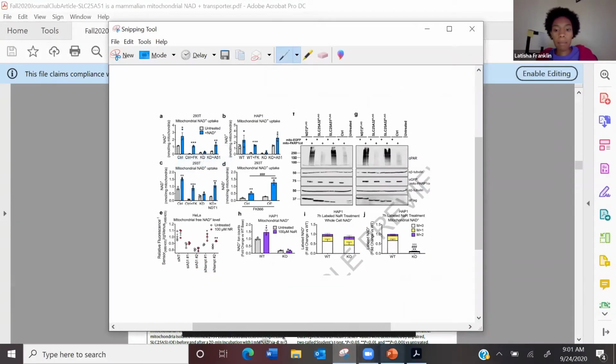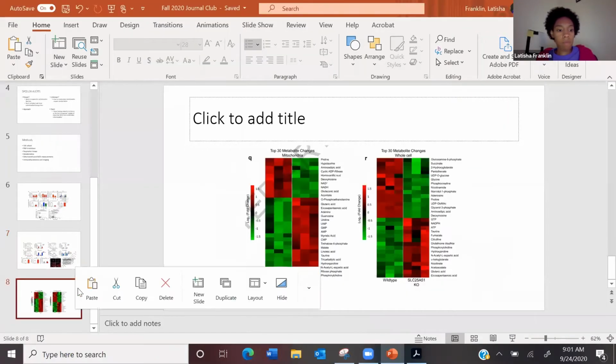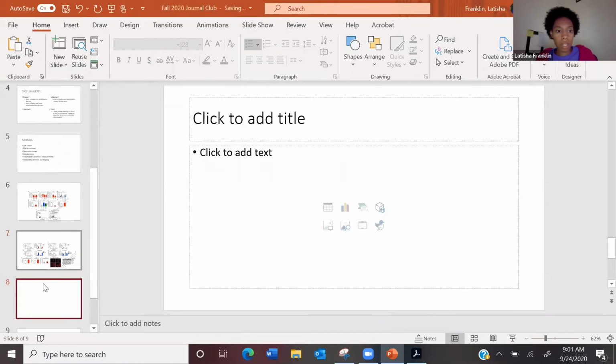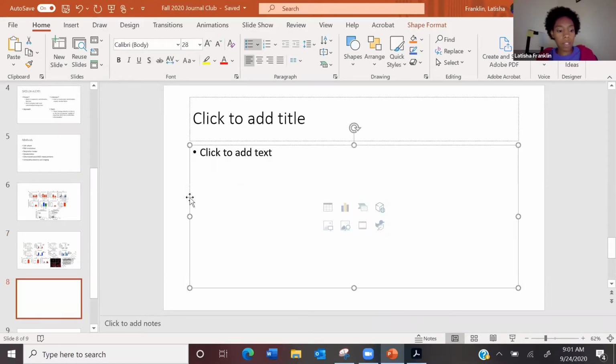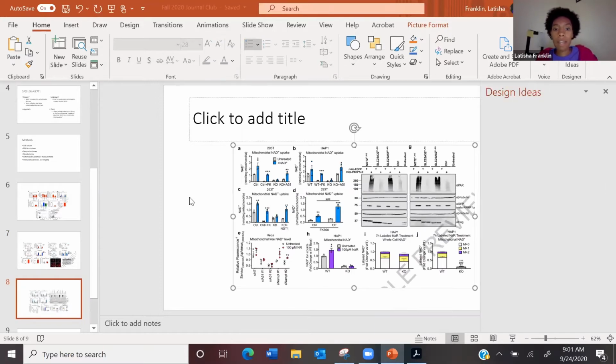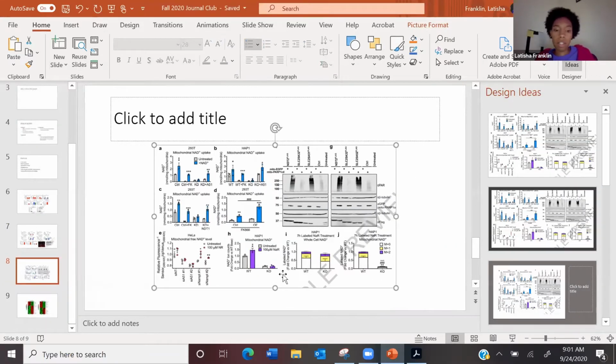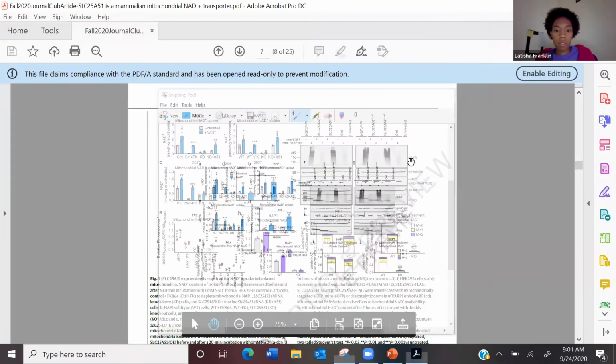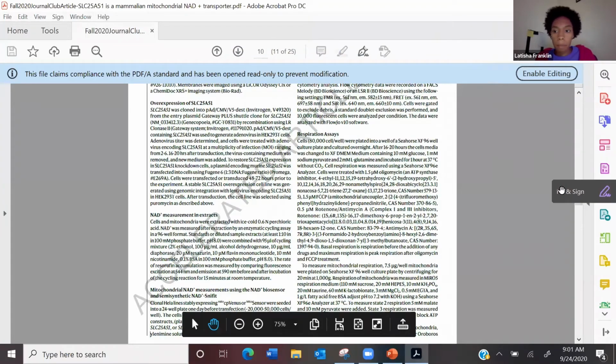So then we're going to copy, do a new slide, click there, Control V, paste, and boom, there it is. The snipping tool is a great function. I'm not sure if Macs have the same thing, but I definitely use the snipping tool on my PC.